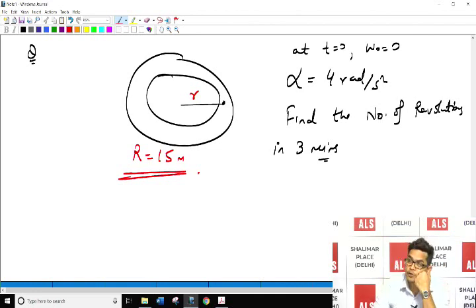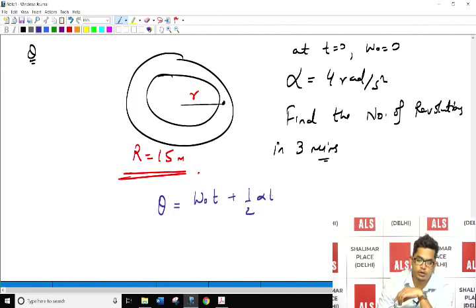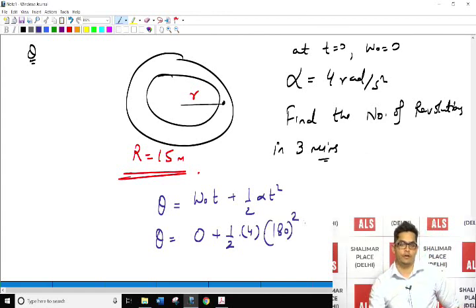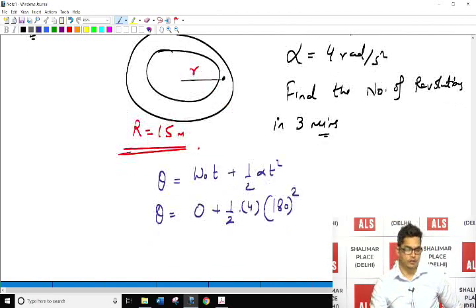Should I explain or can you do it? First of all, calculate theta. It is equal to omega naught t plus half alpha t square. So theta, the total angle covered, is equal to 0 plus half into 4 into t square. Now t is 3 minutes, which is 180 seconds. Theta is equal to 2 into 180 square.